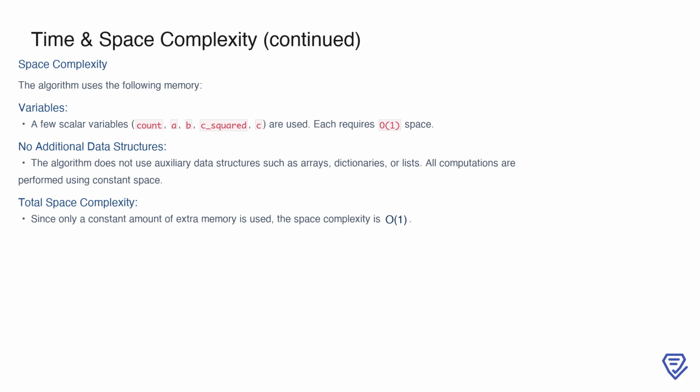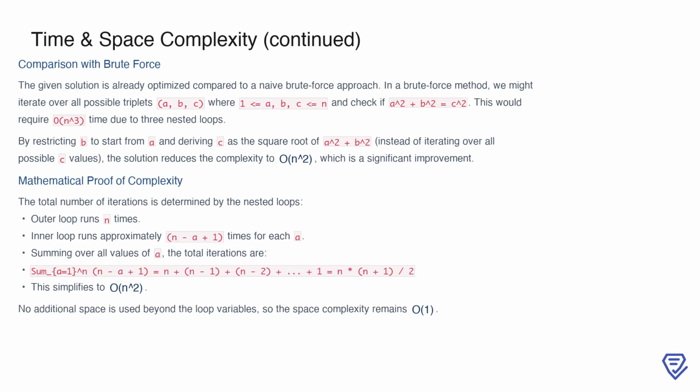Let's compare this solution to a brute force approach. A naive method would involve iterating over all possible triplets (a, b, c), where 1 <= a, b, c <= n, and checking if a squared plus b squared equals c squared. This would require 3 nested loops, resulting in a time complexity of O(n cubed).